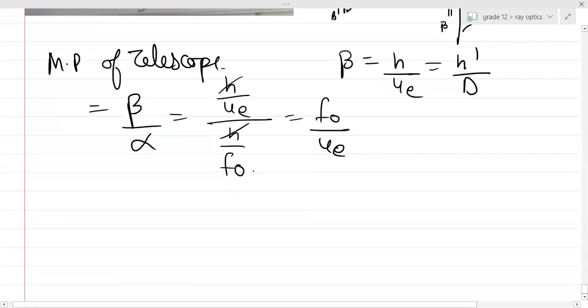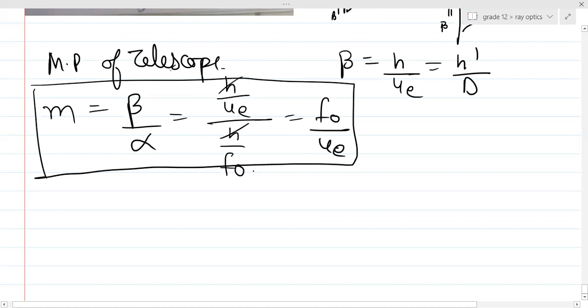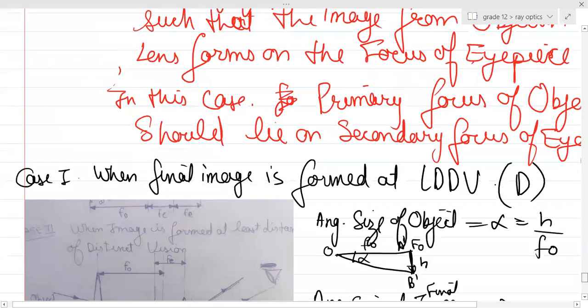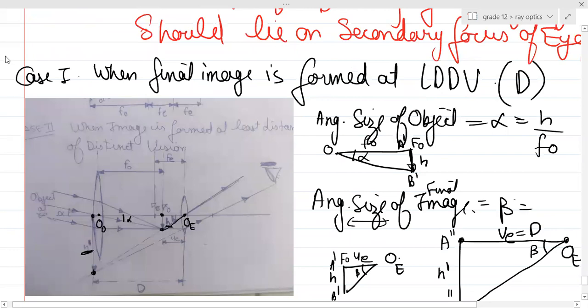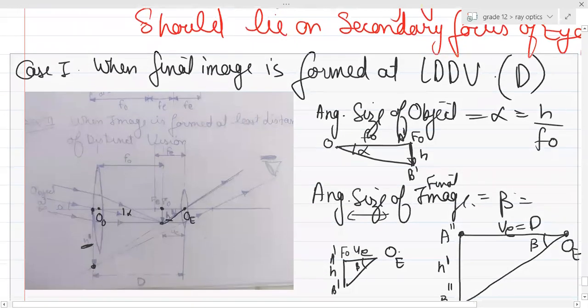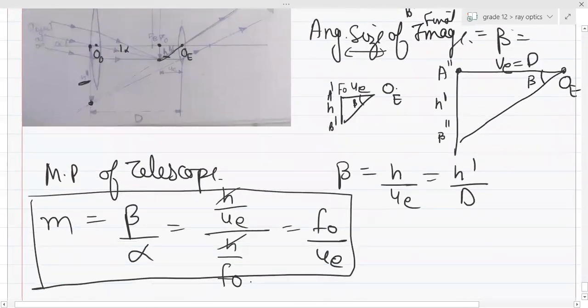Is it clear? So basically, this is the magnifying power of the telescope. Which telescope are we talking about, guys? We are talking about the astronomical telescope, है ना? तो थोड़ा सा ध्यान देना है चीजों पे.